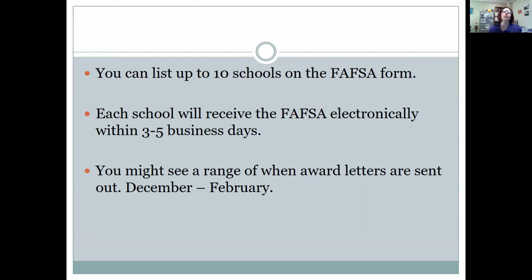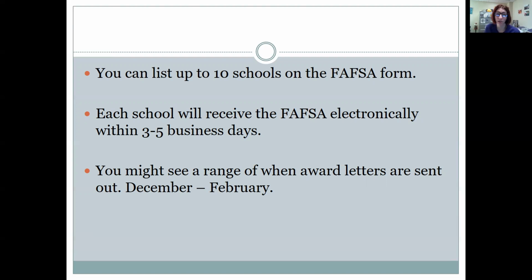Once schools start to receive those FAFSA forms, they will check to make sure that you are an accepted student at that school. We can't put together financial aid offers until the student is accepted, and also until we have a FAFSA on file. So we'll combine those two things and start working on those financial aid offers. Then schools will start sending those out. You're going to see a range of when you receive these offers.